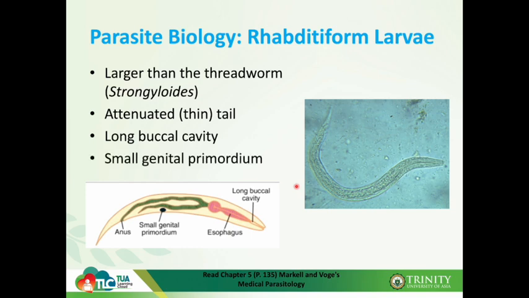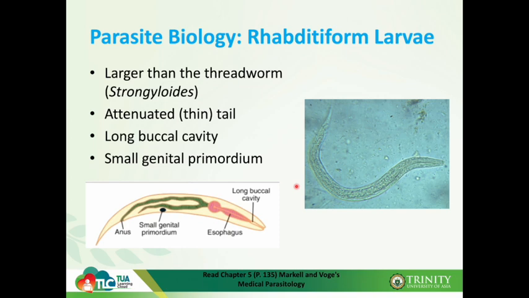Previously, we also discussed how the morphology of the rhabditiform larvae of Strongyloides and hookworms can be used to identify their species because what did we say again before? The eggs of Strongyloides and hookworms are indistinguishable or they are completely identical.